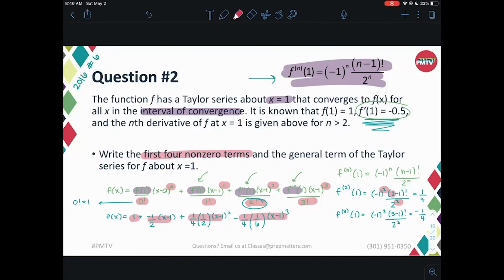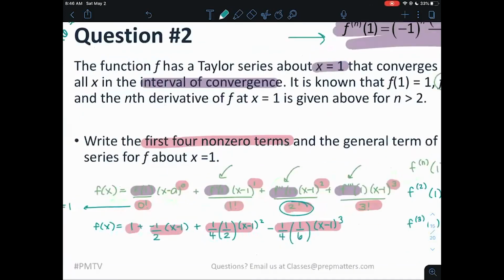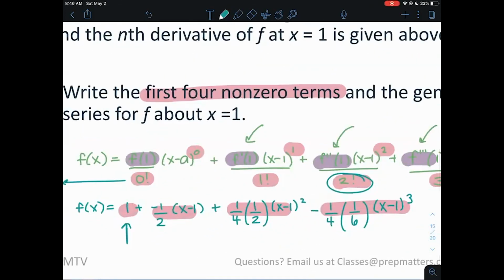That non-zero part is included in these questions because it is fairly frequently the case where this first part here is 0, which would mean that if we need the first 4 non-zero terms, we would have to go up to the 4th derivative term as well. So just be careful if you are doing a Taylor polynomial approximation question. Just saying first 4 non-zero terms does not mean that we're automatically using the function, first derivative, second derivative, and third derivative. We have to make sure that none of those terms are 0.